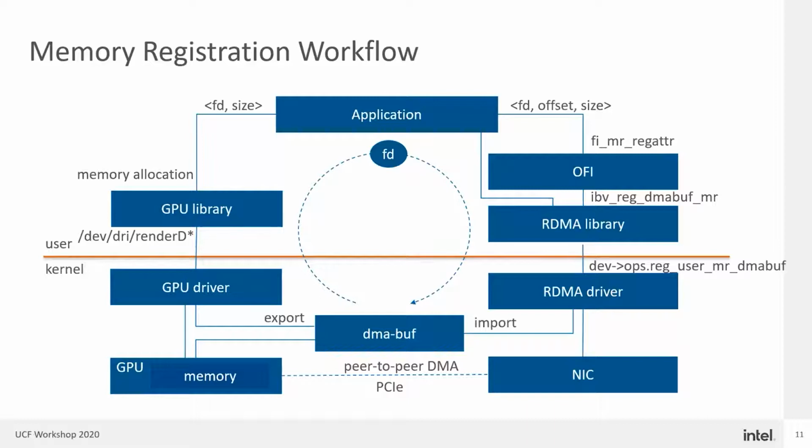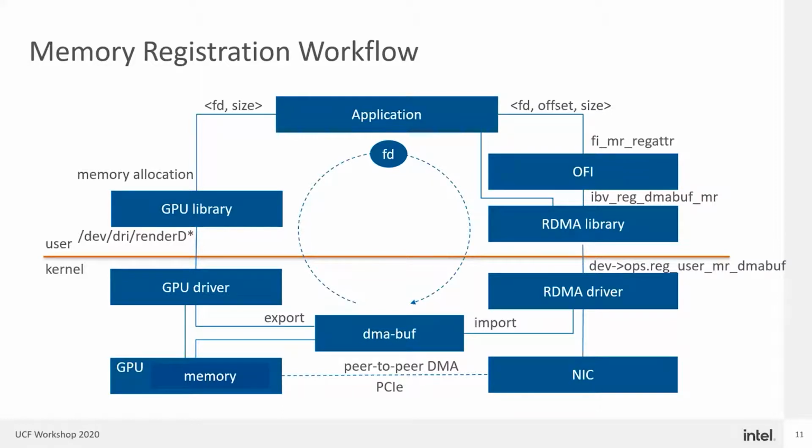From the GPU side, the GPU driver internally has DMA buff support. It has all the functionality needed to export DMA buff and expose the interface to user space through some device interface. The GPU library will access the GPU driver, allocate memory, and get the file descriptor. That information is passed to the application.